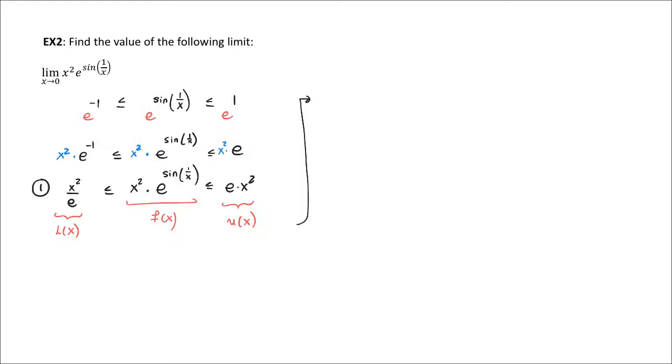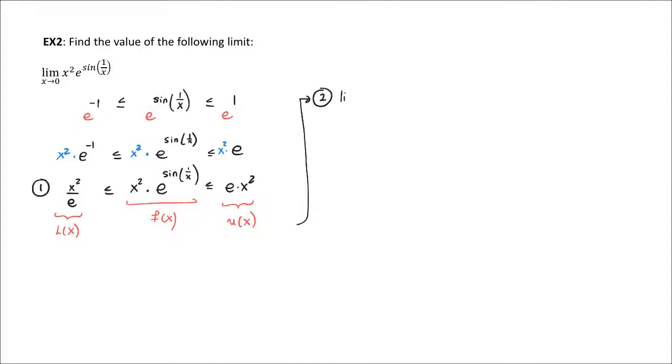Now, working on condition number 2, I have to figure out what is the limit as x goes to 0 of L and what is the limit as x goes to 0 of U. And hopefully they're going to end up being the same. If they are not the same, then I'm going to have to figure out another way to get U and L. So hopefully they will be the same.